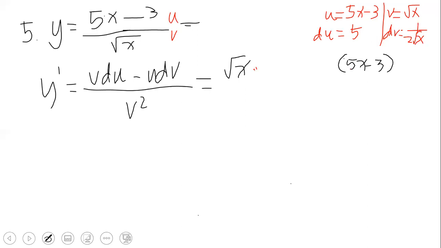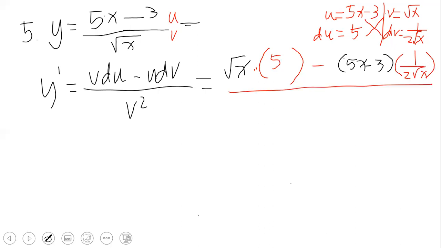So v du ito siya. And minus u dv over 1 over 2 square root of x. Tapos wag kalimutan yung denominator na v squared.